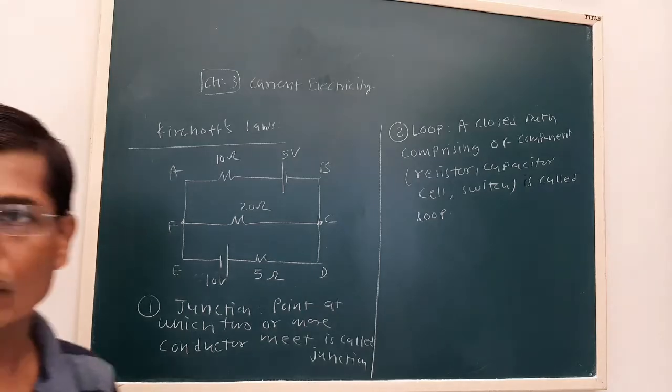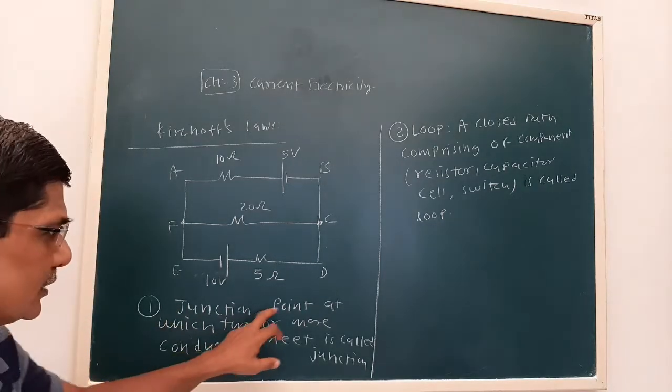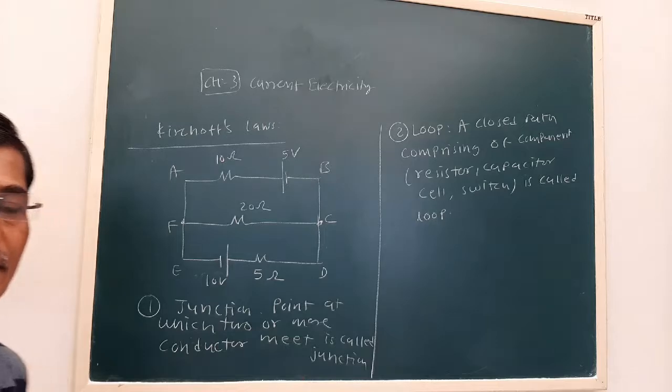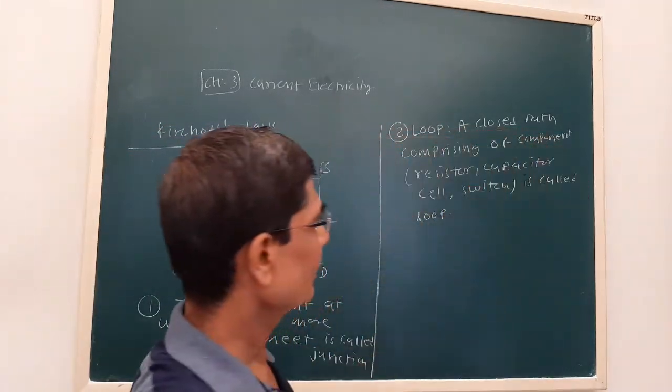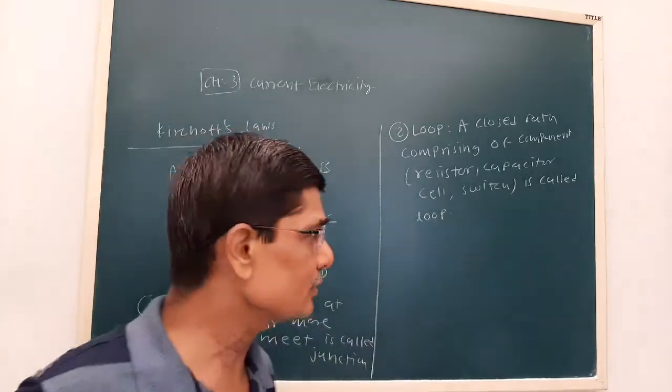So these are the two very important terms. A point at which two or more conductors meet is called a junction, and a closed path comprising of components, resistor, capacitor, cell or switch is called a loop.